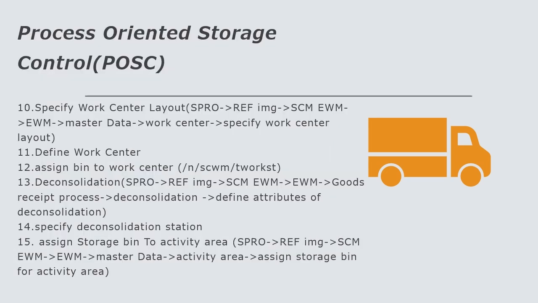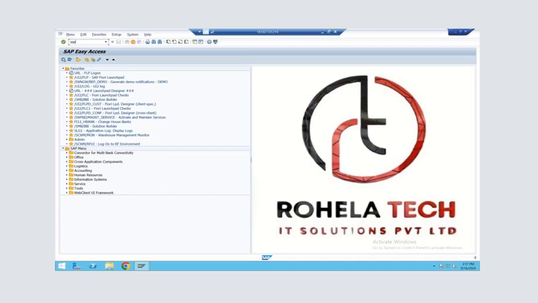After that, if there's no work center, specify the work center, define the work center, and assign the bin to the work center. And this is the deconsolidation part, where we have to define the attributes of the deconsolidation, specify the deconsolidation station, and assign the storage bin to the activity area so that from the activity area the put away can happen directly.